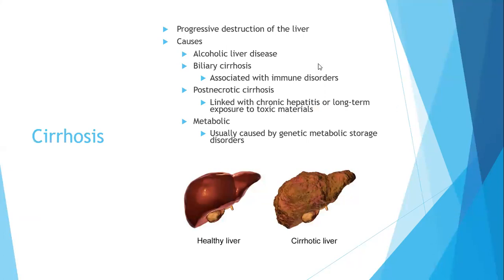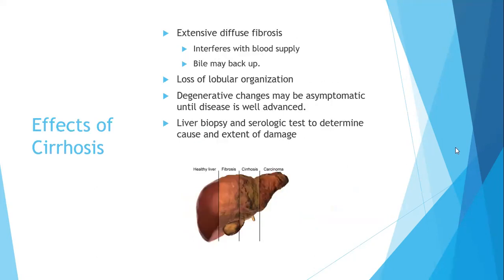So alcoholic liver disease results in cirrhosis, which basically is progressive destruction of the liver. There are other types of cirrhosis that are linked to chronic hepatitis and some immune disorders, and there's a metabolic cirrhosis, but alcoholic liver disease is the most common cause of cirrhosis.